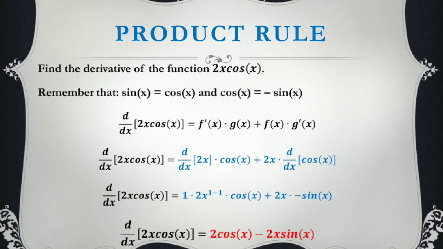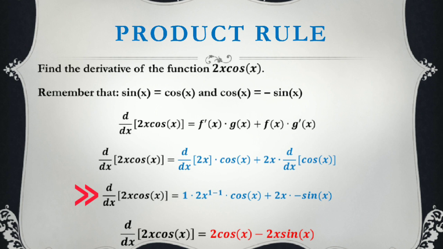Now for the example. Find the derivative of the function 2x cosine x. In the derivative, remember that the derivative of sine x is equal to cosine x, and the derivative of cosine x is equal to negative sine x. Now, let's get the derivative of the given by using the formula of the product rule. The derivative of 2x cosine x is equal to the derivative of 2x times cosine x plus 2x times the derivative of cosine x.